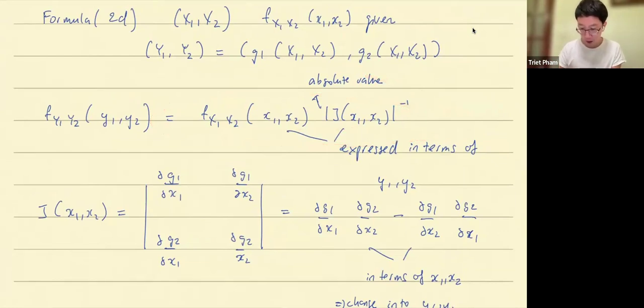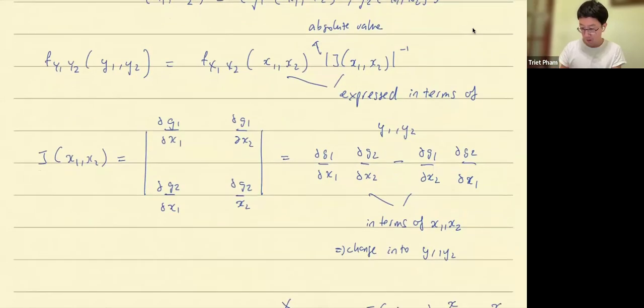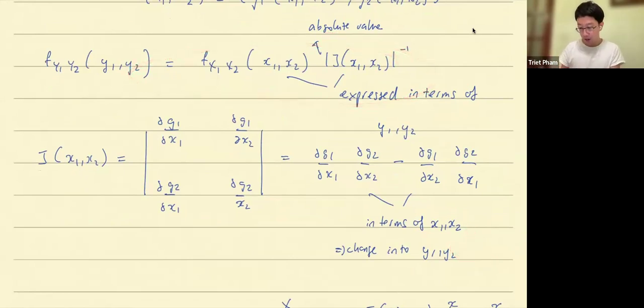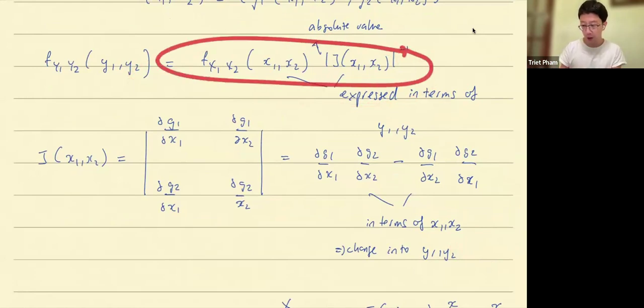I've seen it enough to know that. So the conversion from X into Y is the challenge. But of course, applying the formula correctly is also a challenge. But I would assume that you can apply the formula correctly.